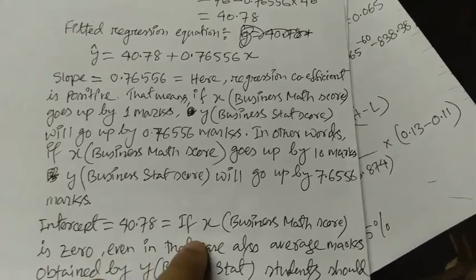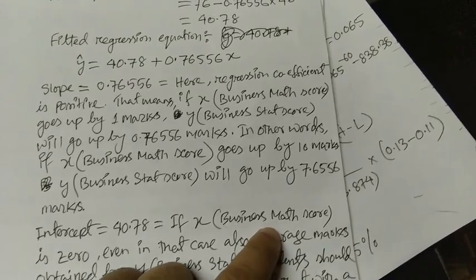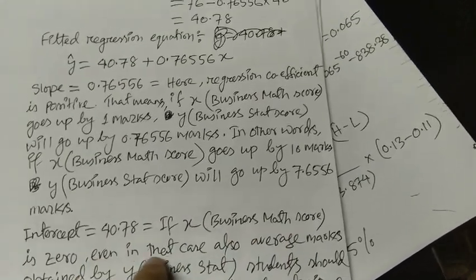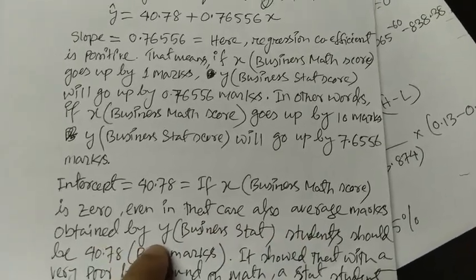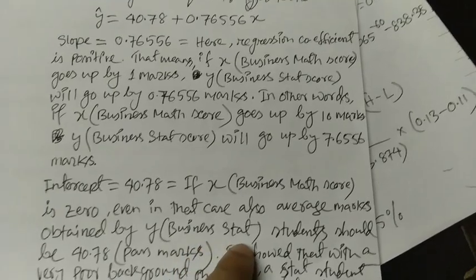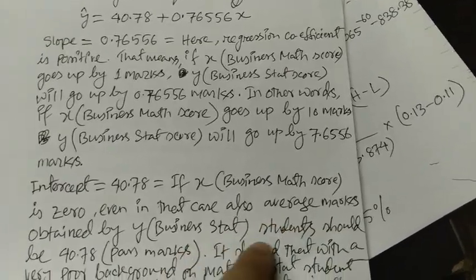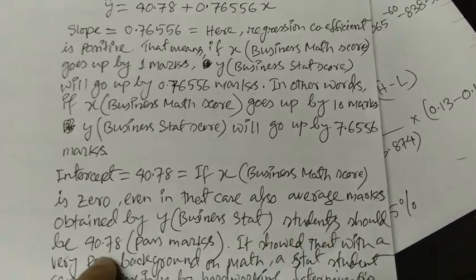So if the business math score is 0, even in that case the average marks obtained by business stat students should be 40.78.